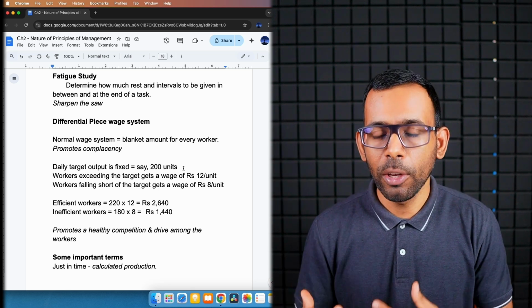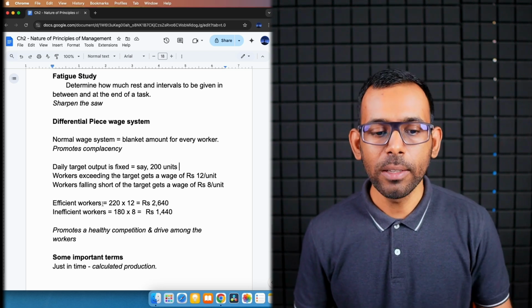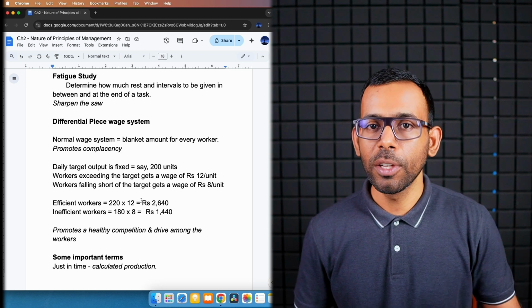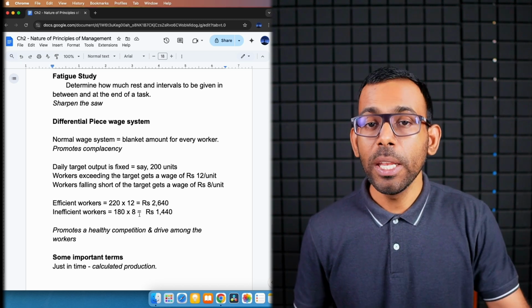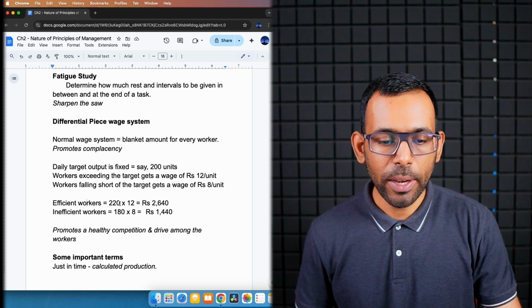Okay, what after you found out who was efficient and who was inefficient? Taylor says that reward the efficient workers more and penalize the inefficient workers a little bit. Now we can see our example.